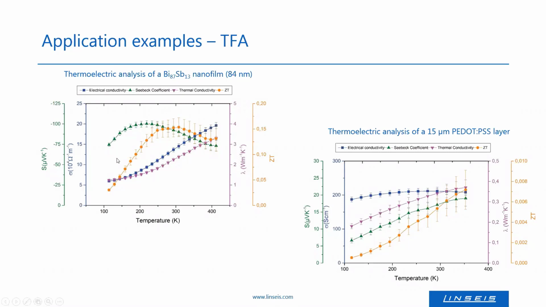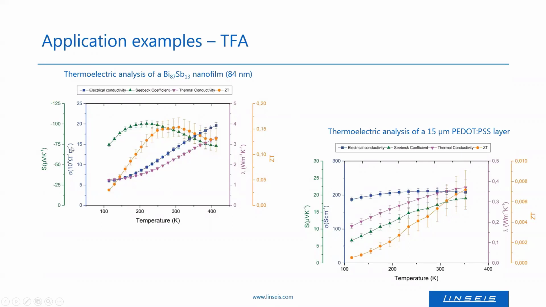On the left, one can see an example for bismuth antimonide. Here, the thin film had a layer thickness of 84 nanometers, and you can see the full thermoelectric analysis of this nanofilm. So the Seebeck coefficient was measured, which increases and decreases with temperature.